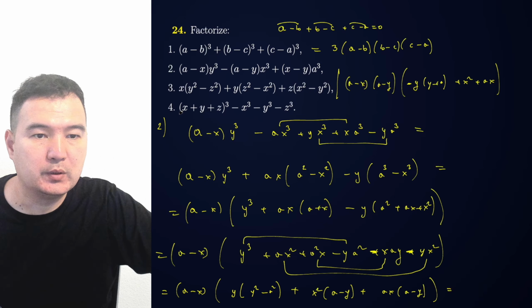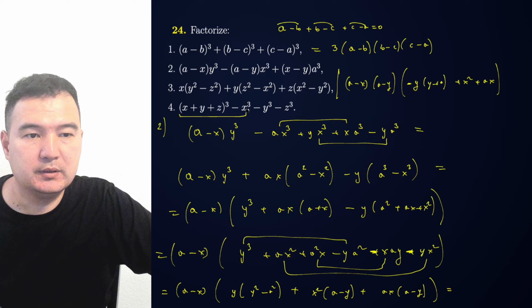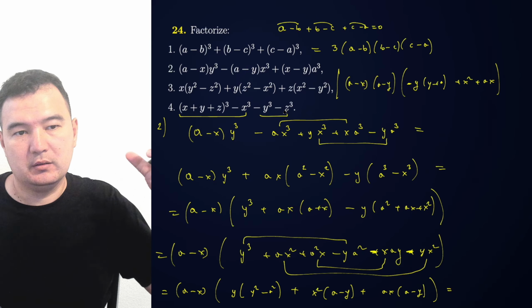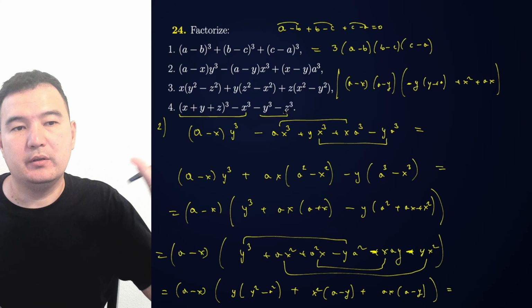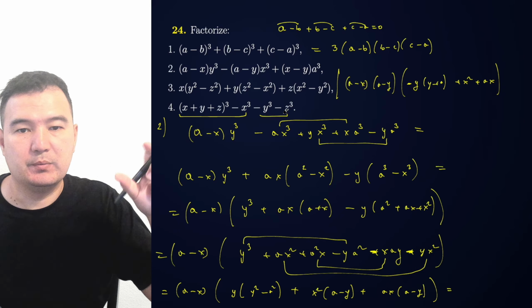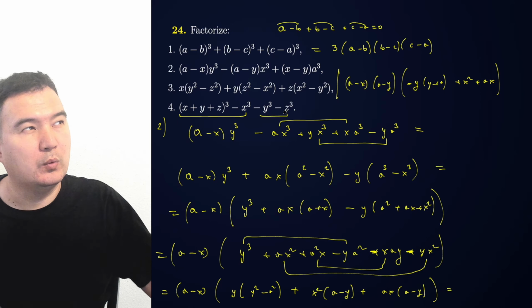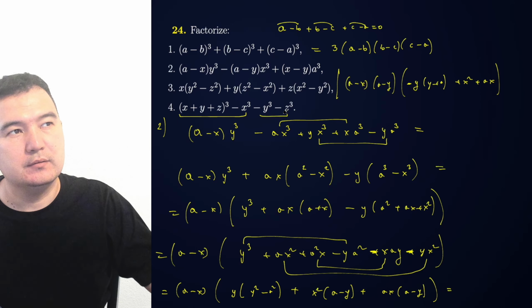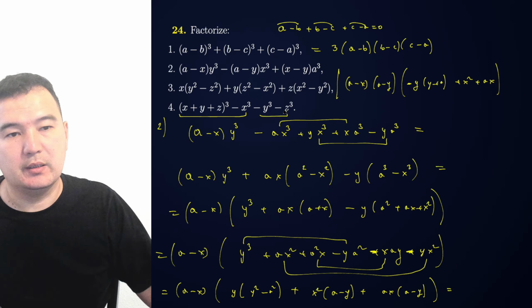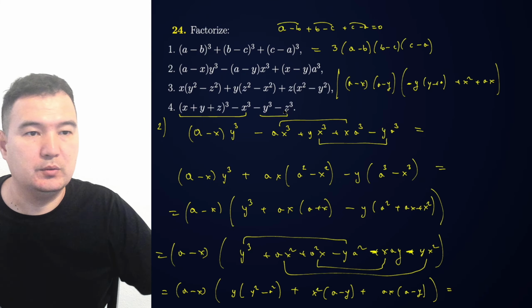And for the last one, if you group these two and then group these two, you get the formula for cubes that gives you y plus z as a root, and then x plus z, x plus y as roots. So we can use the cubic formula.